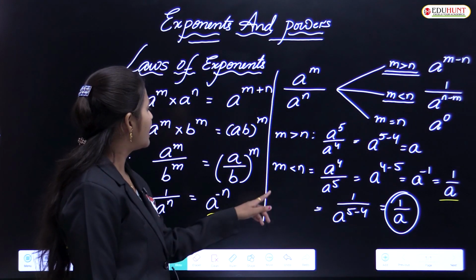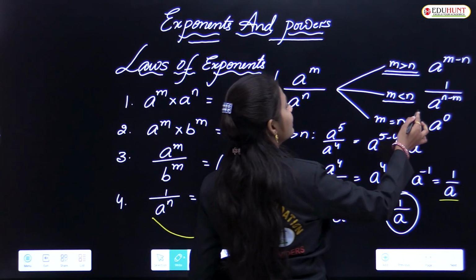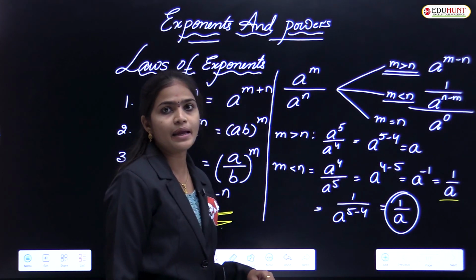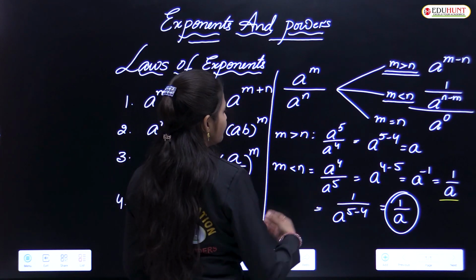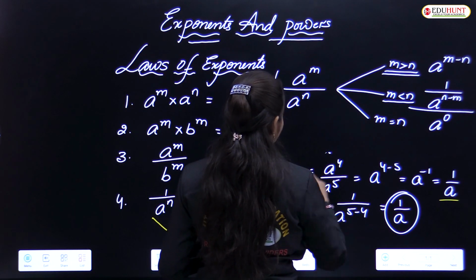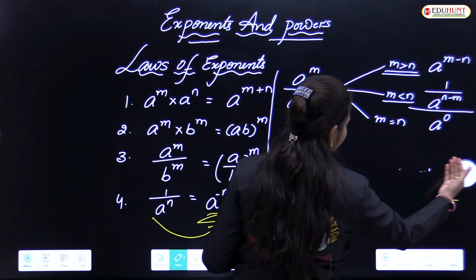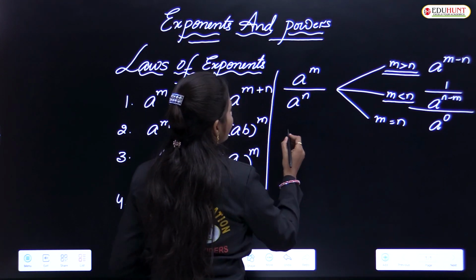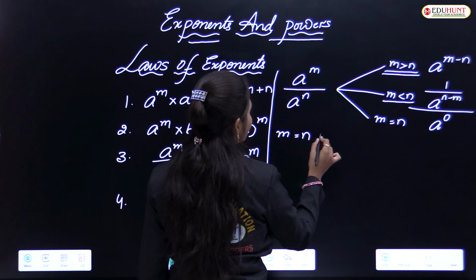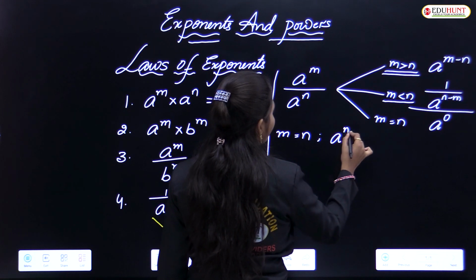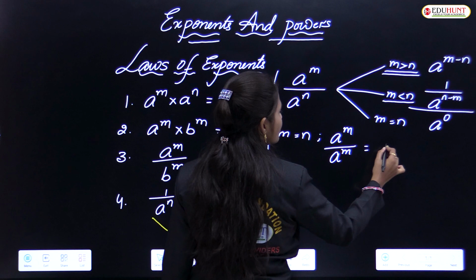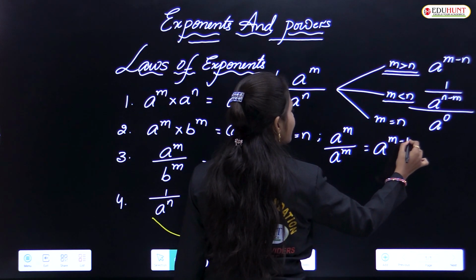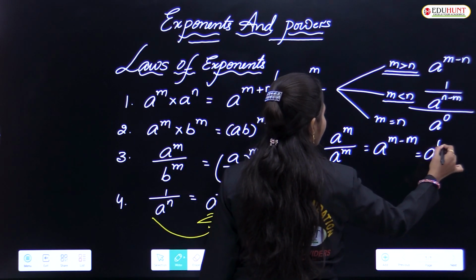That's why if m is less than n, then the formula is 1 by a power n minus m. If m is equal to n, the third condition, then n is also equal to m only, so a power m minus m is equal to a power 0.